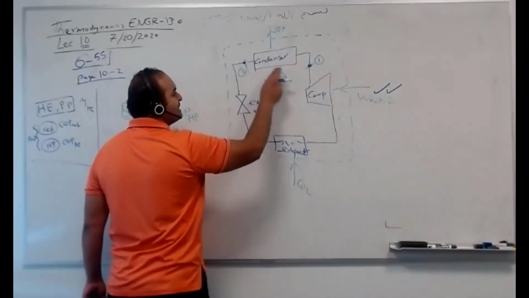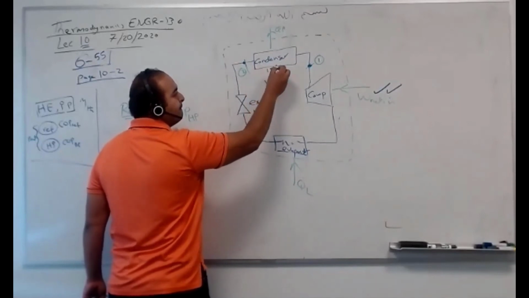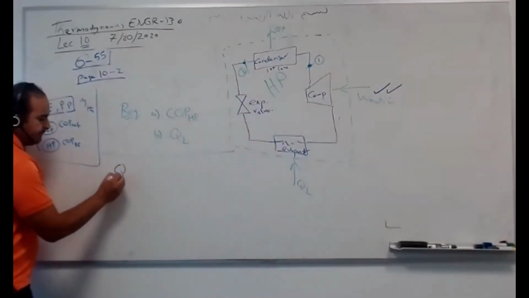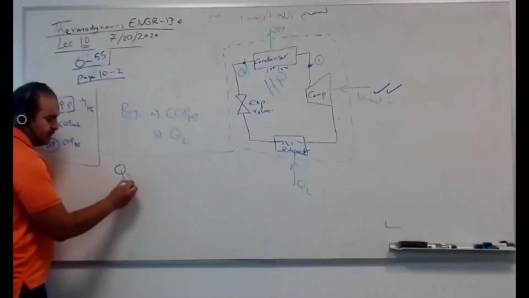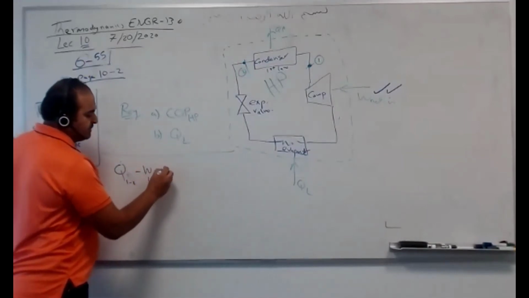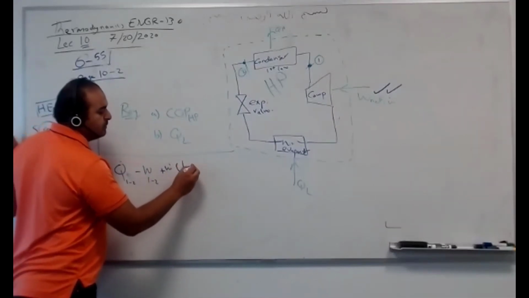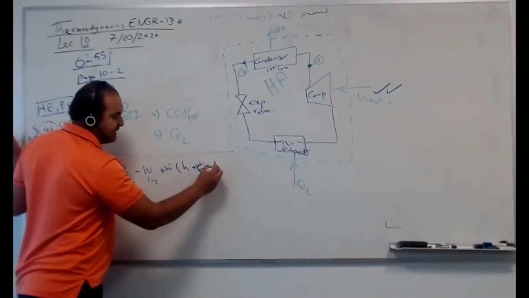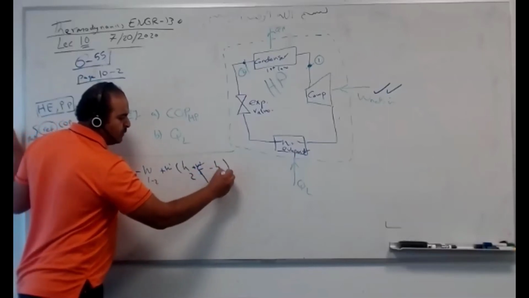From these 2 states across one component, I can use the first law of thermodynamics to obtain the heat here. So Q high, or Q12 minus W12, equals m dot, this is steady, so m dot is constant, times h plus V squared over 2, but there is not even kinetic energy, minus h2, h1, equals 0.